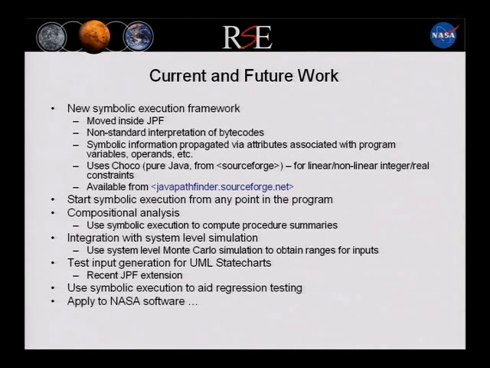Choco handles both linear and non-linear constraints, and also integer and real constraints. Of course it might time out, and it has the inherent decidability limitations. Everything is available from Java PathFinder.